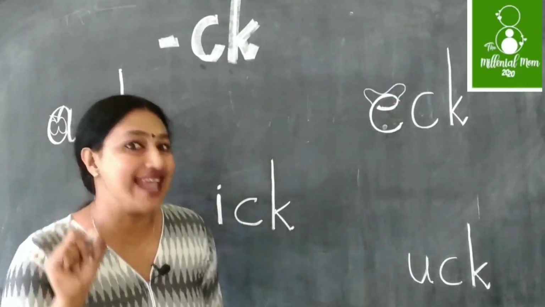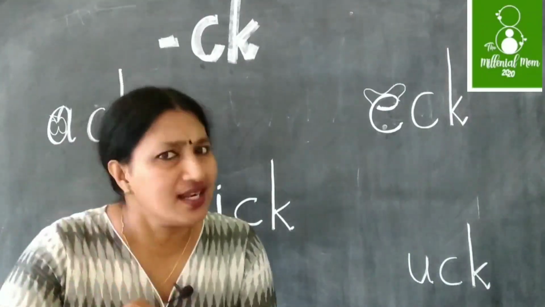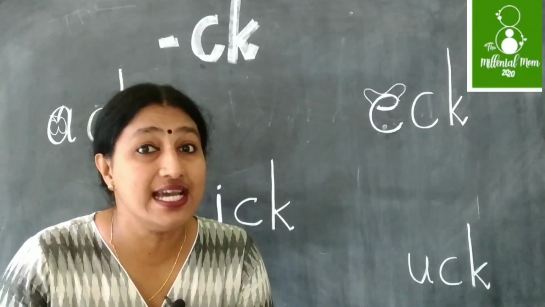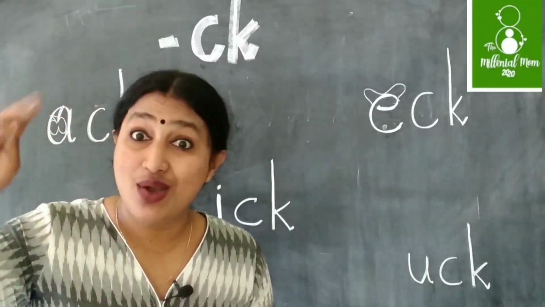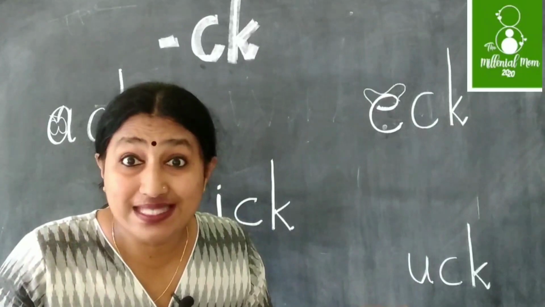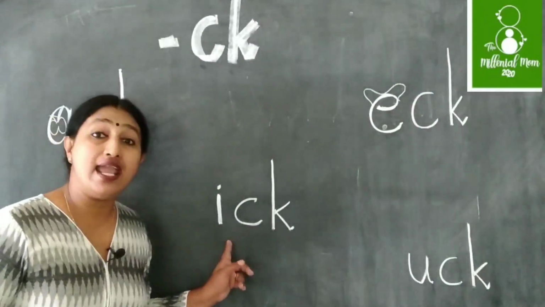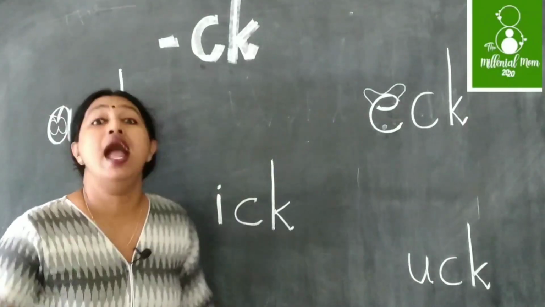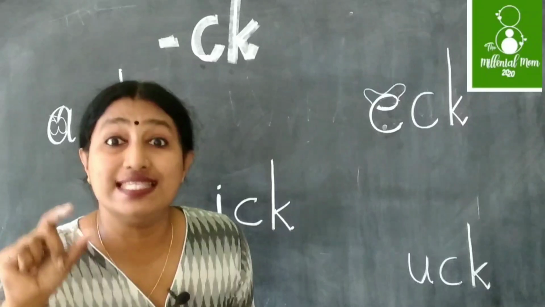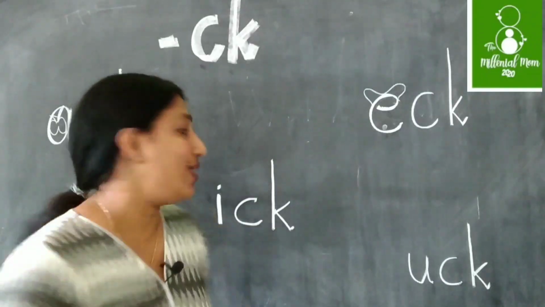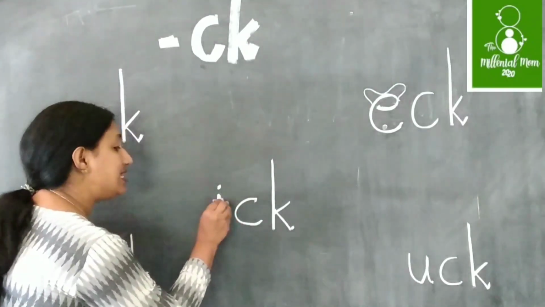Now ICK, the same rule applies here. I has two sounds, the short sound, which is the ink sound, i, and the long sound, which is the ice cream sound, I. But when you see I before CK, I will always take the short sound, the ink sound, and so I am going to draw an ink bottle here.